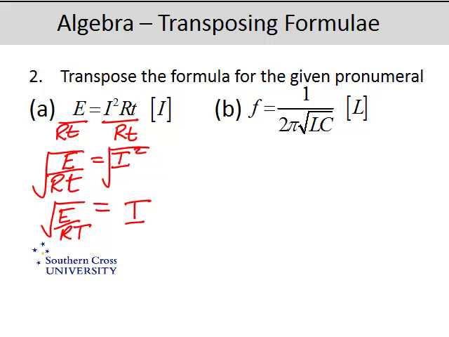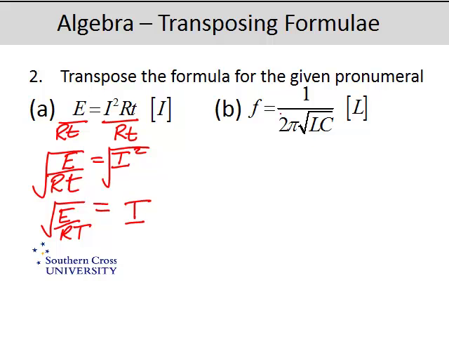In this question, a fair bit more difficult because there's a few things involved. L is the pronumeral we want to make the subject. L has been times by C. The square root's been taken and then that was times by 2 pi. The biggest problem we've got is that it's in the denominator and we need it in the numerator.